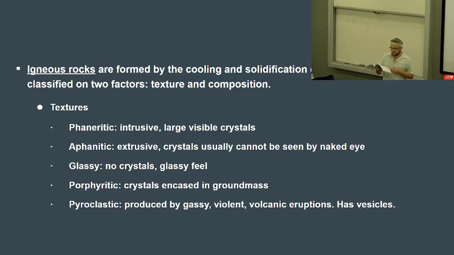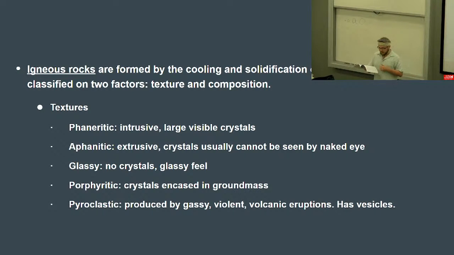The rock texture is called porphyritic, where large phenocrysts, which are big high temperature crystals, are encased within a matrix of low temperature aphanitic crystals called groundmass. So if you think about it, porphyritic is kind of a mix between the phaneritic and the aphanitic, but it is its own class.